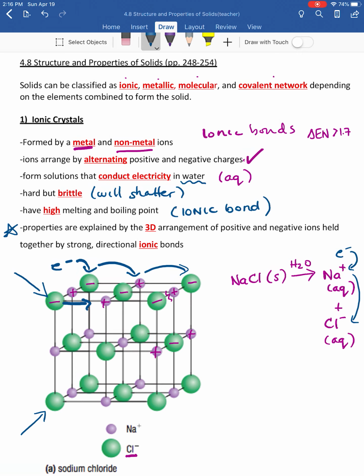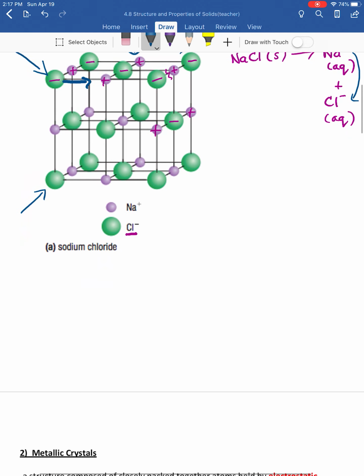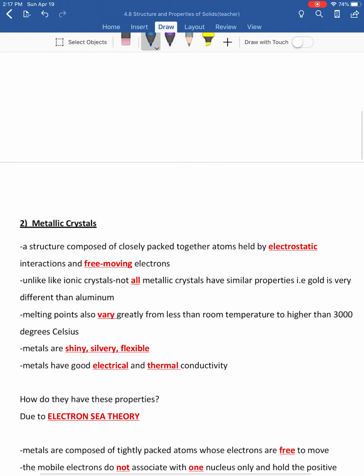And not only are they held together in a specific order, but that interaction, because we're talking about electrostatic attraction, makes them really strong and really hard to break. Okay? All right, so that's your ionic crystal.